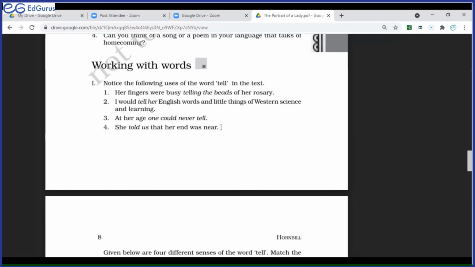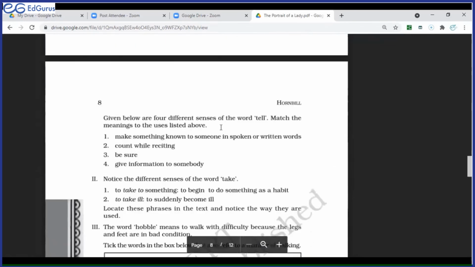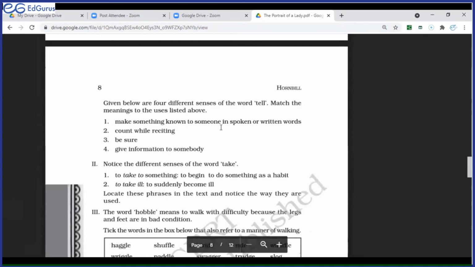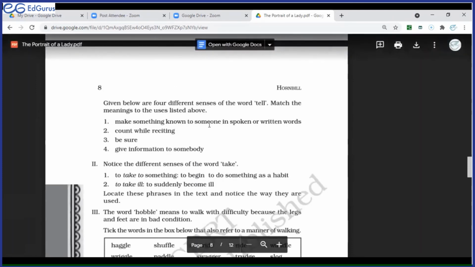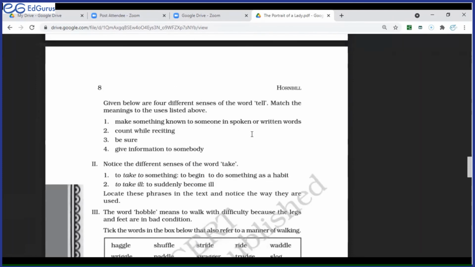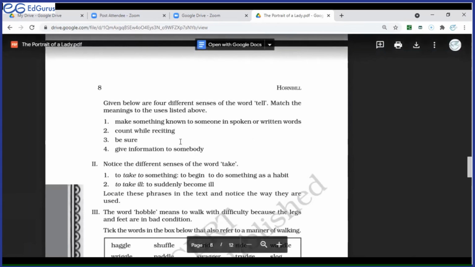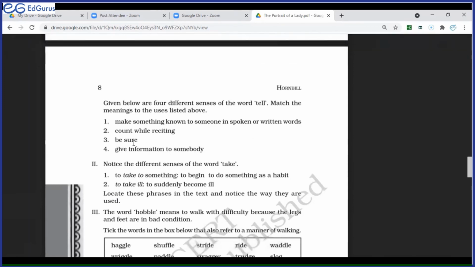Now let us see how it is. Look at this. These are the four meanings. Make something known to someone in spoken or written words. Count while reciting. Be sure. Give information to somebody. Now you have to tell, make something known to someone in spoken or written words.